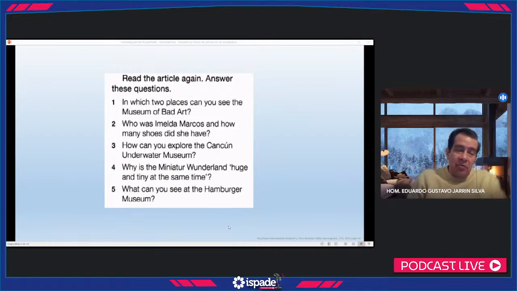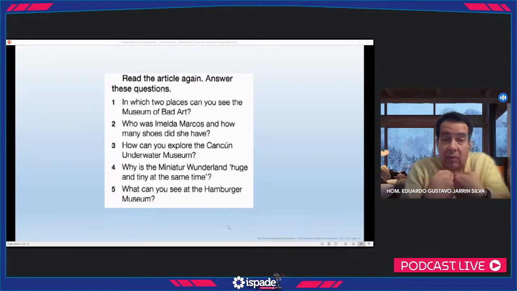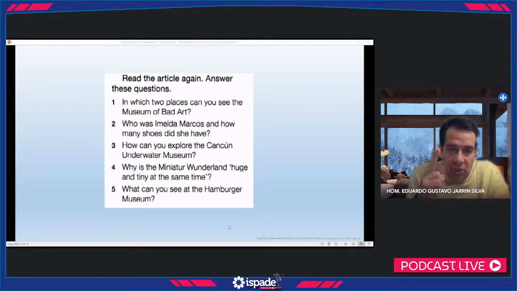So what you can tell your students is that when they have this type of question, they can play with synonyms. Okay, they can change the questions to make them more accessible and more understandable to them personally. So if you say, in which 2 places can you see the Museum of Bad Art? I have to find 2 locations in which I have the Museum of Bad Art.